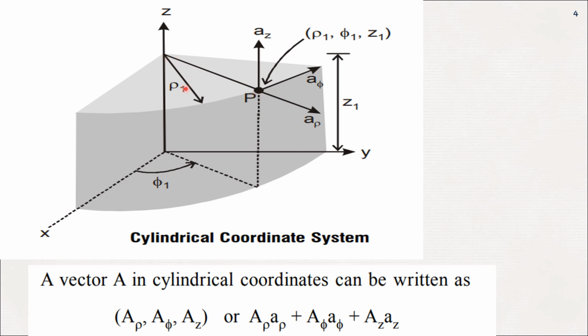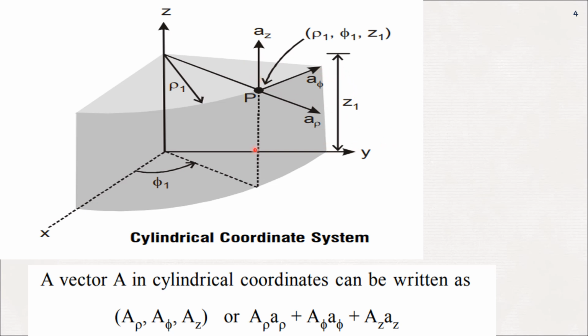Here I have numbered it as rho 1, phi 1 and z 1. See here, rho 1 is the radius of the cylinder. Now this is the vertical plane which makes an angle phi 1 with the x-axis, and you have a plane here. From here till here it's going to be z.